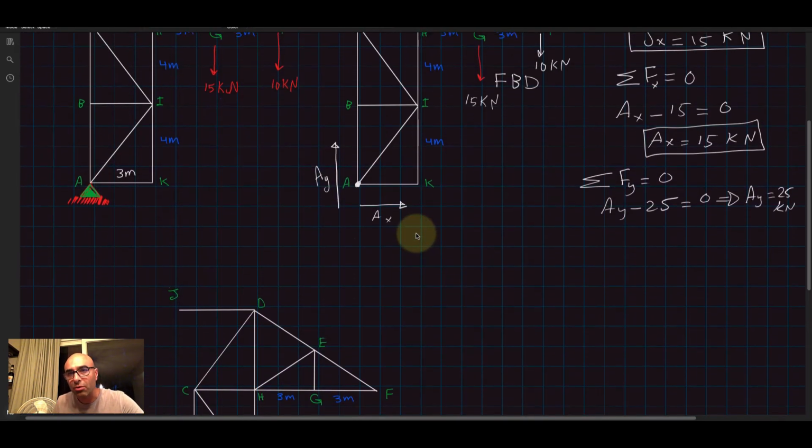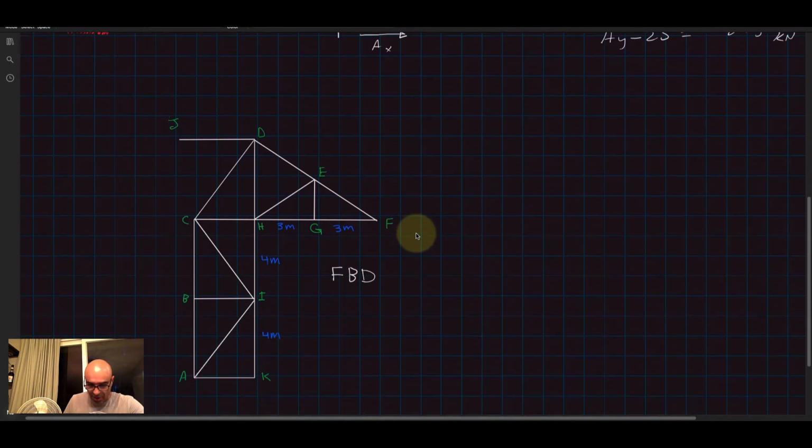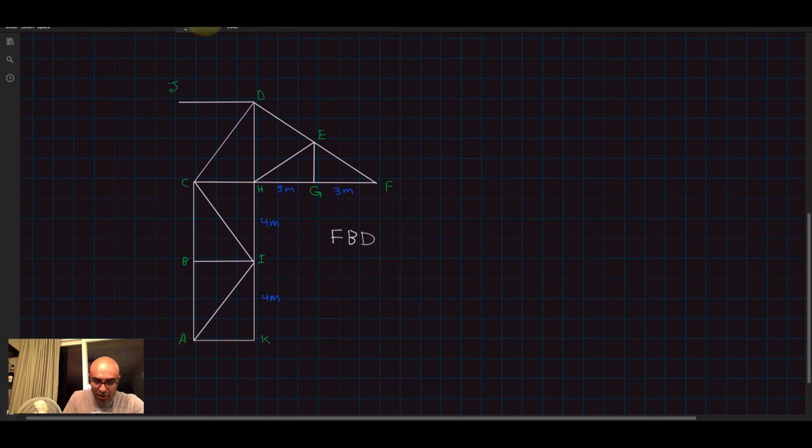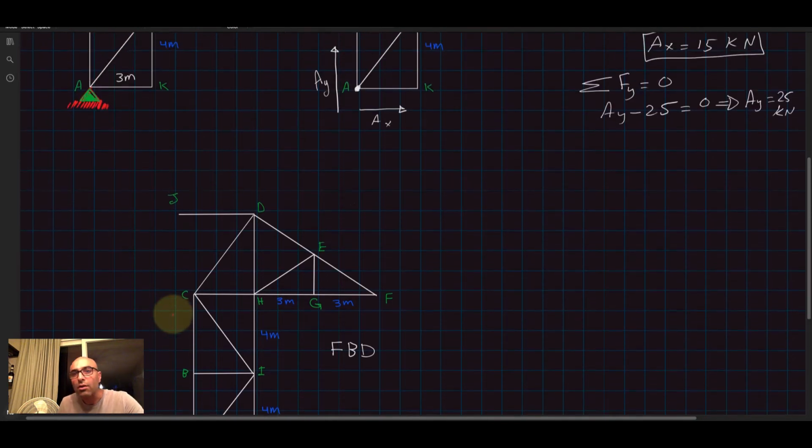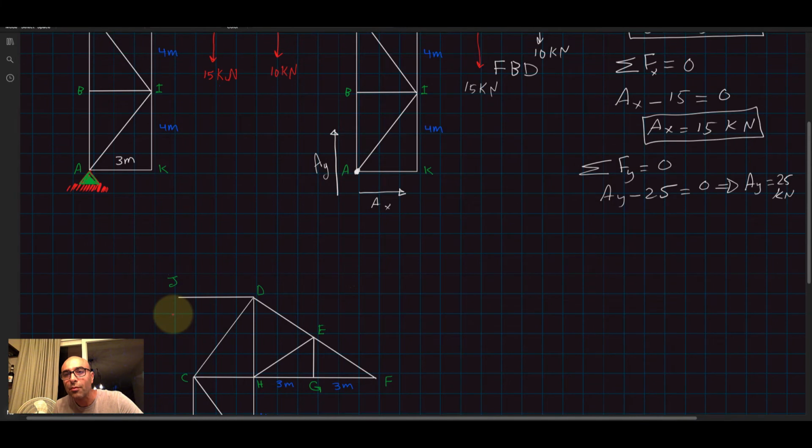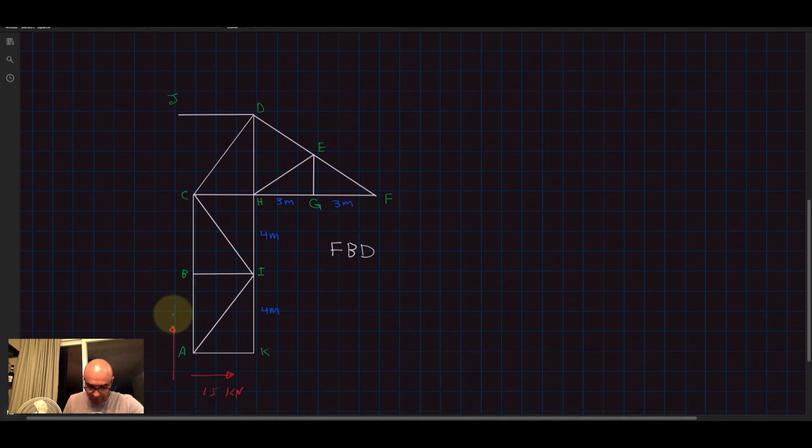For example, AX was 15 kilonewton, so I'm going to put that here, 15 kilonewton. And AY was 25 kilonewton.